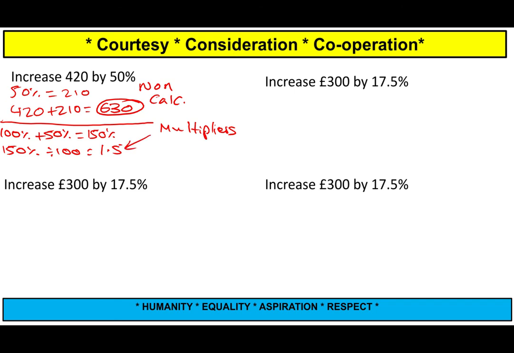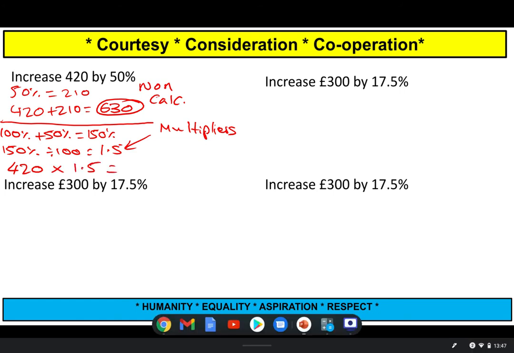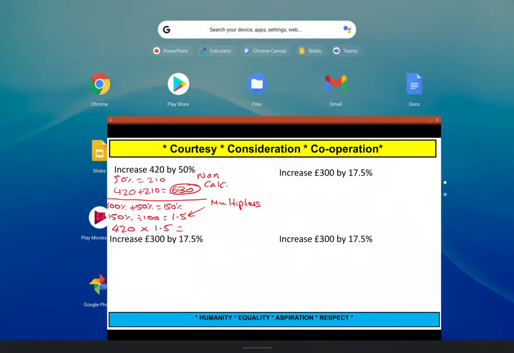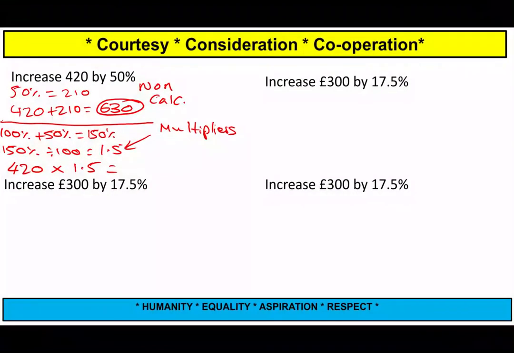So all I have to do is get the amount, which is 420, and multiply that by 1.5. Okay, guys, so do that on a calculator. 420 times 1.5. That gives us 630. Okay, the exact same answer.